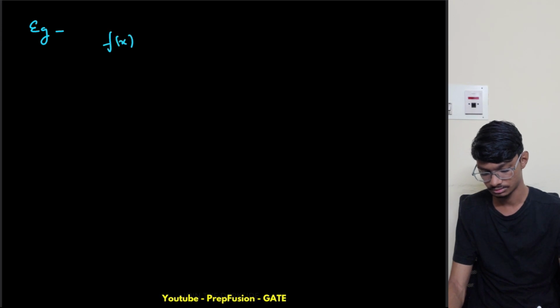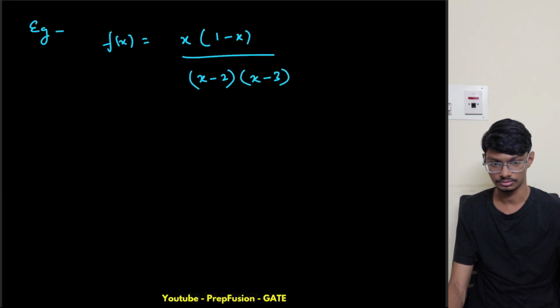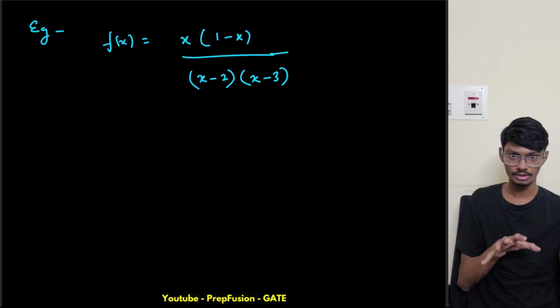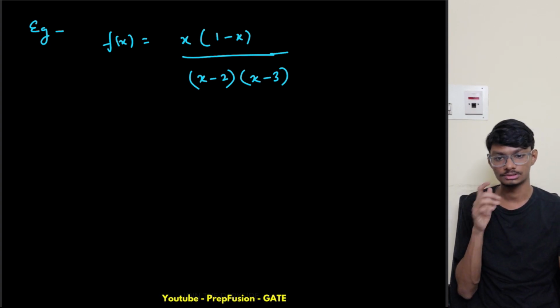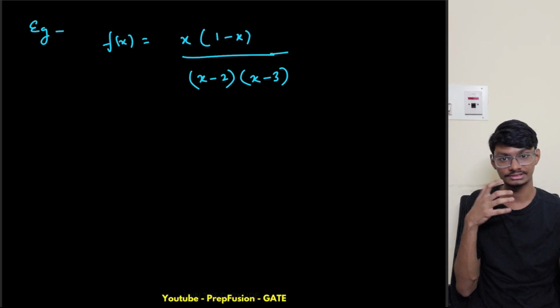f of x equals x into 1 minus x, divided by x minus 2 and x minus 3. Okay, so this is the f of x. Now, is this our normal format?